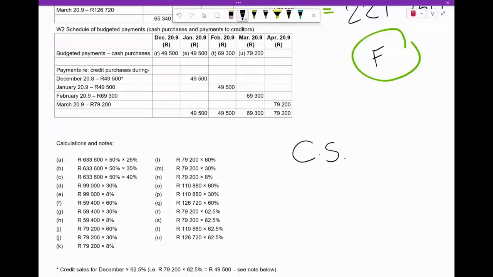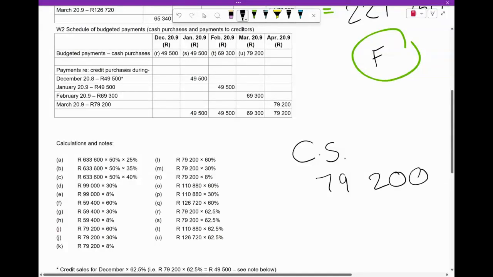You would take the 62.5% over 100 times the sales to get the purchases. And the sales for December was 79,200. Then he gave us that figure, 49,500, but this was half of the sales, isn't it? Because remember, this is credit sales that they gave us.